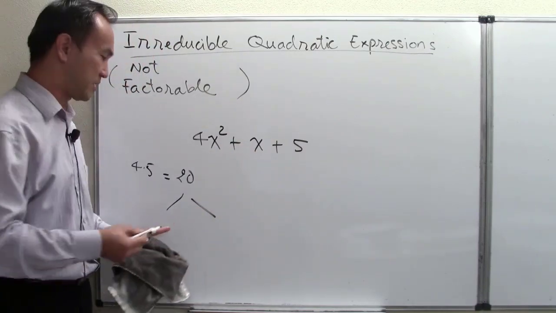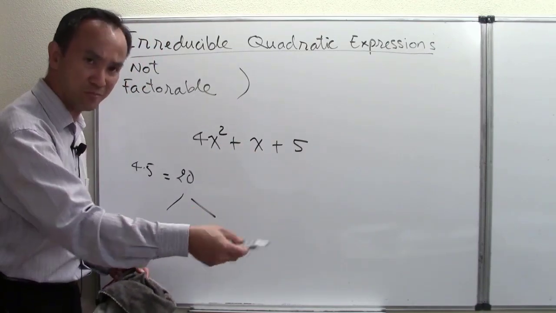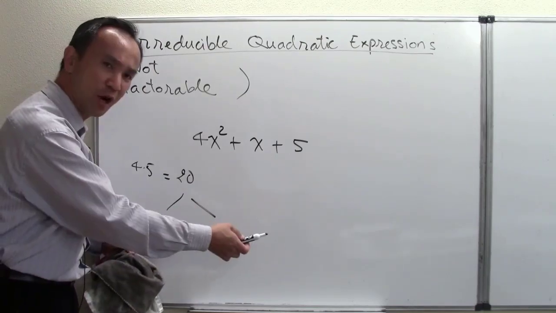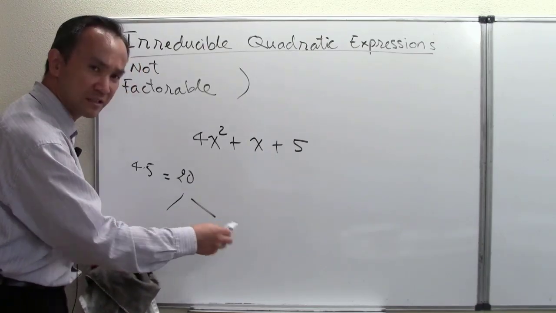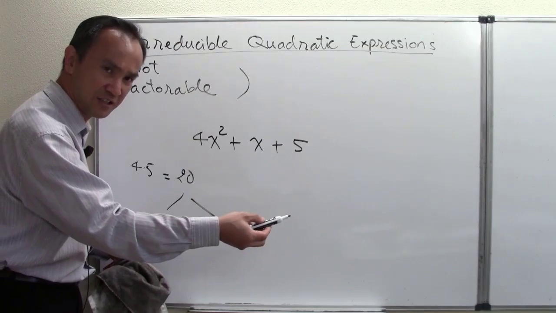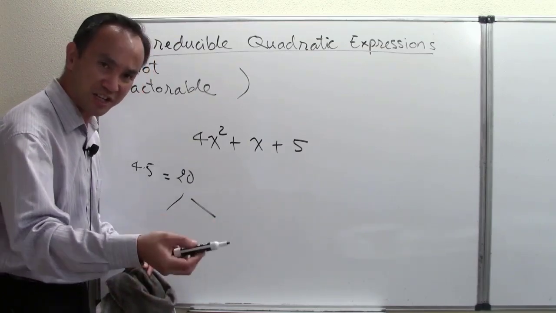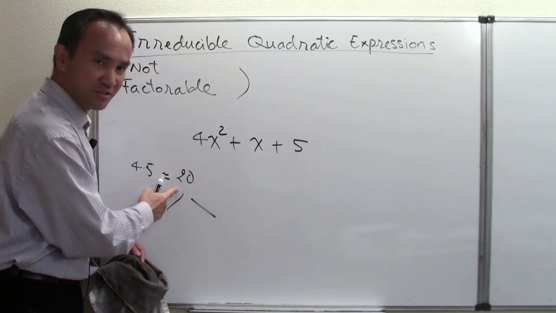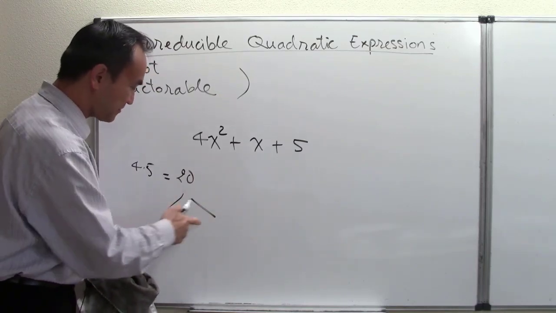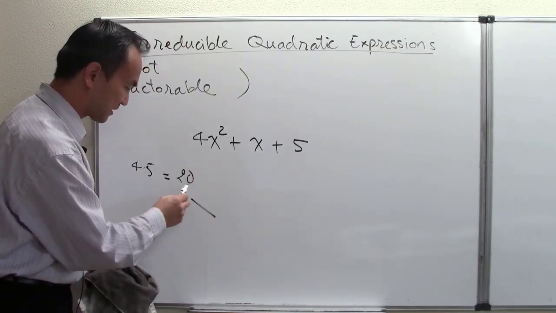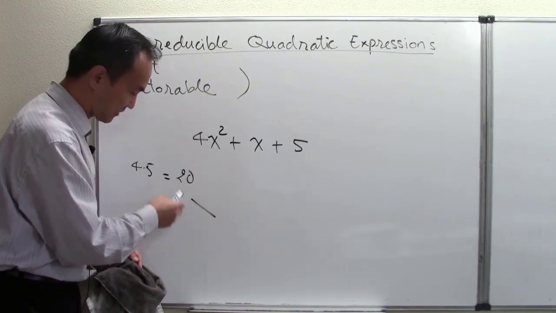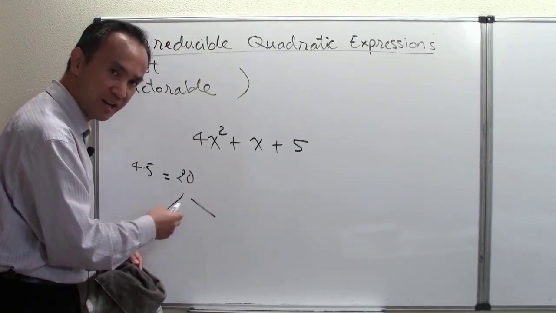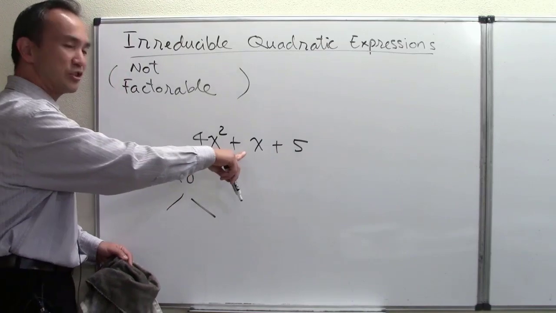I don't want to waste your time watching, so you can pause the video right now and look for a pair that satisfies the condition: factors of 20, including signs, that add up to positive 1.